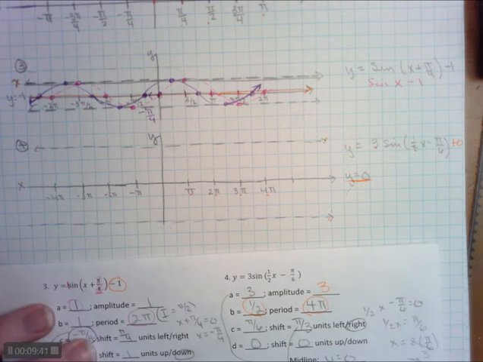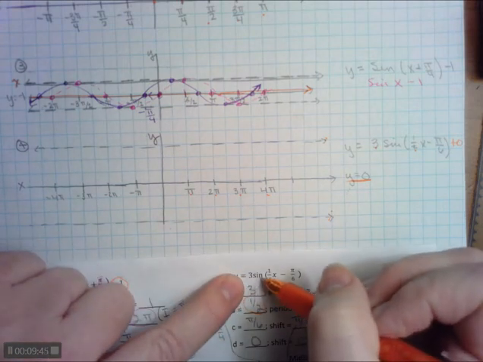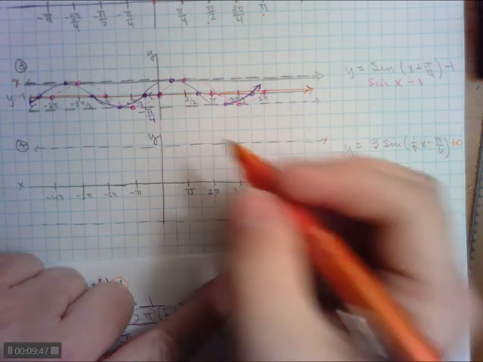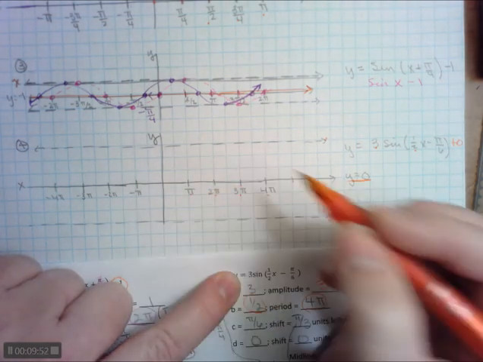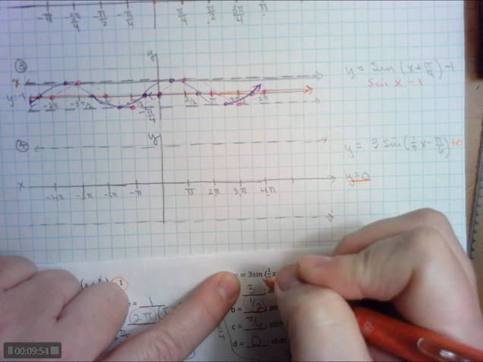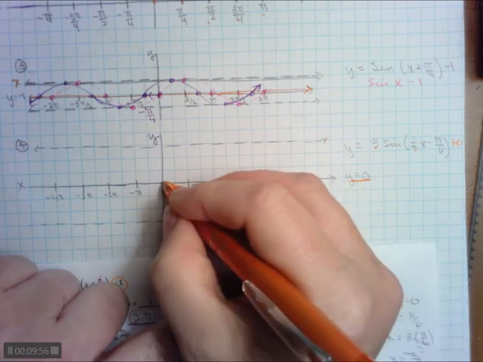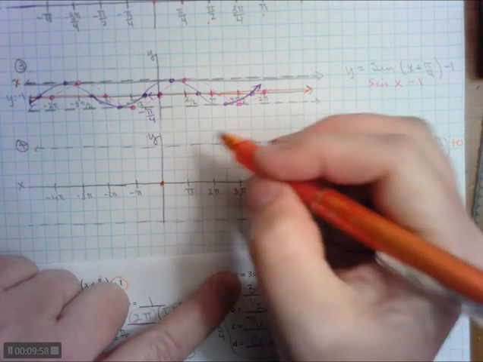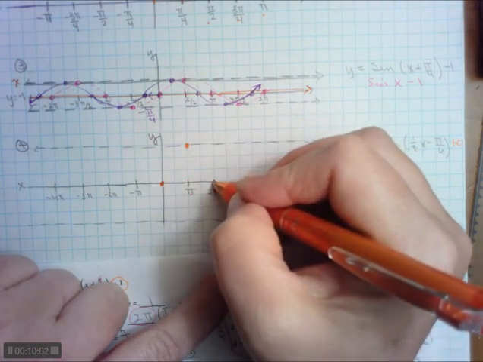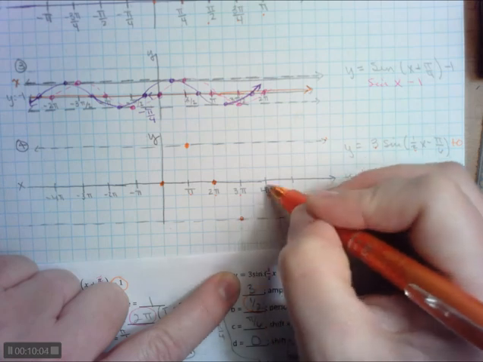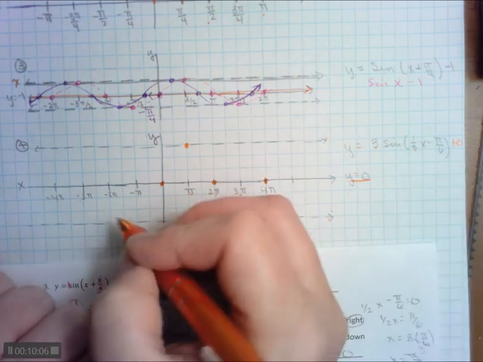If you don't, pause the video. Now I'm going to go in and I'm going to just put in, this is sine. Now I'm going to use my orange one this time since I didn't have to draw that line in. And I'm going to start with a regular sine would be here. It would go up to the top, it would come back to the midline, down to the bottom, up to the midline.